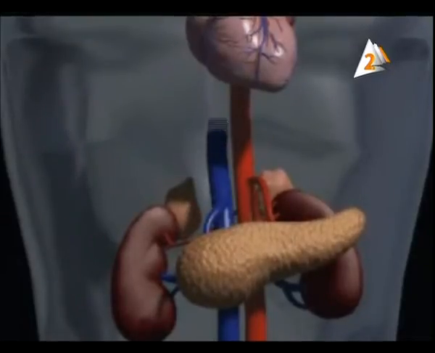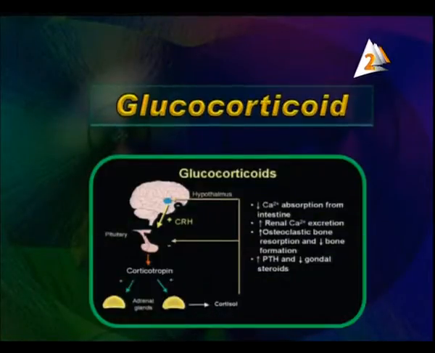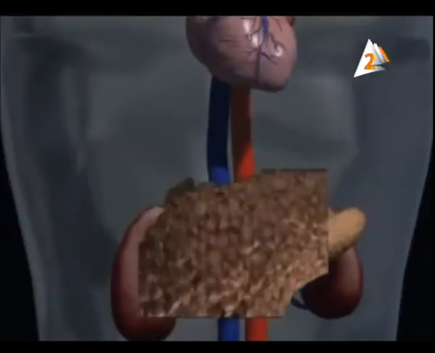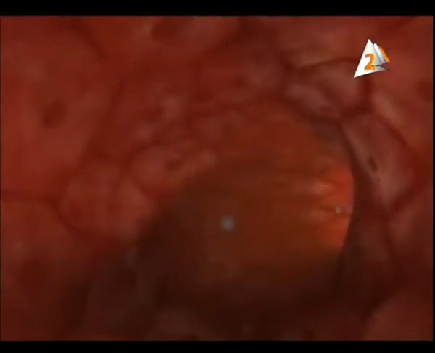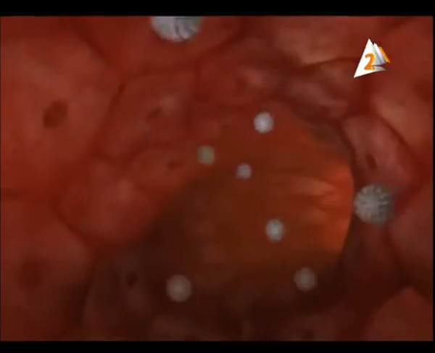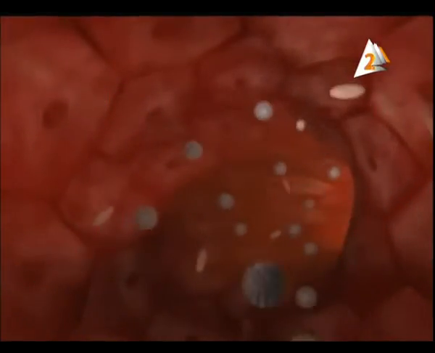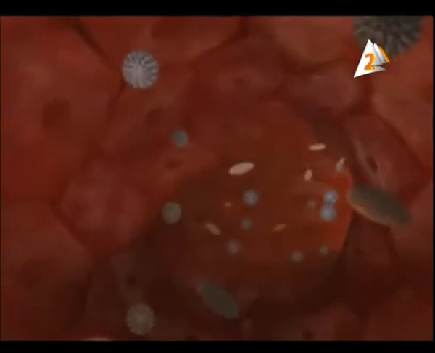Hormones of the cortex. Three groups of hormones are secreted from the cortex. Glucocorticoids, the first one, includes cortisone and corticosterone, the main function of which is to regulate carbohydrate, glucose metabolism in the body.